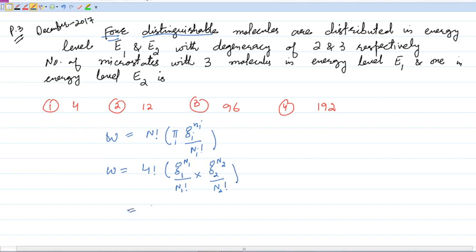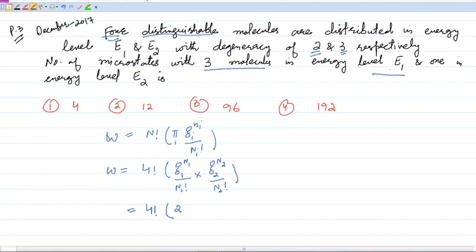So this will be equal to 4 factorial. Now it is easy. Now we have to first put the value of degeneracy G1. So for E1 it is equal to 2, and similarly G2 is equal to 3. So we will write it as 2, and N1 here is simply telling about the number of microstates with 3 molecules in energy E1.